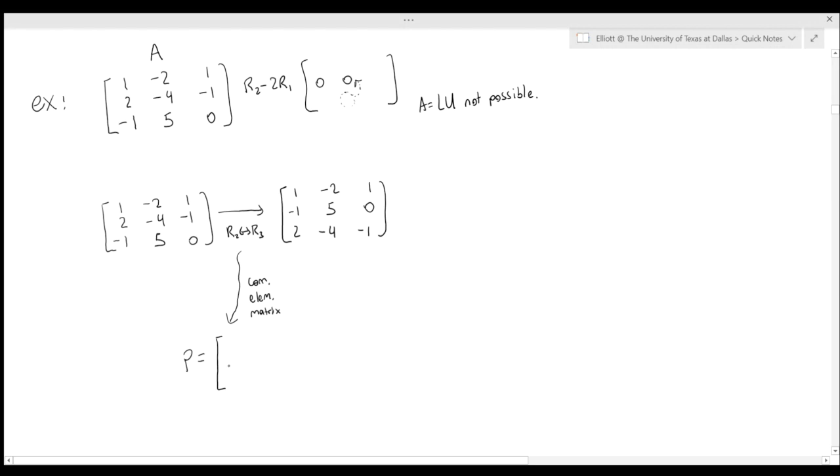So take an identity and swap rows 2 and 3. Okay. All right, so this elementary matrix corresponding to this row operation, that is the matrix P that we are looking for, okay?